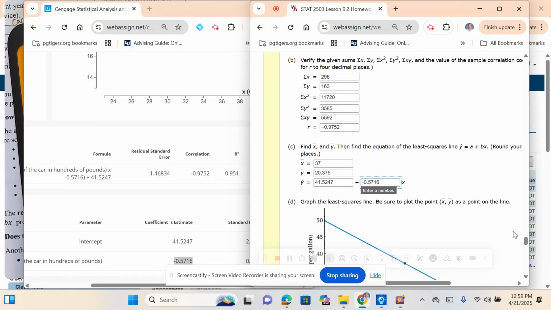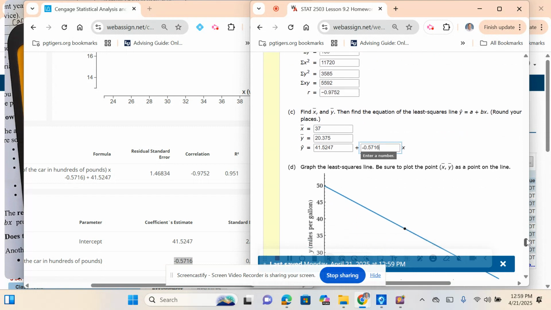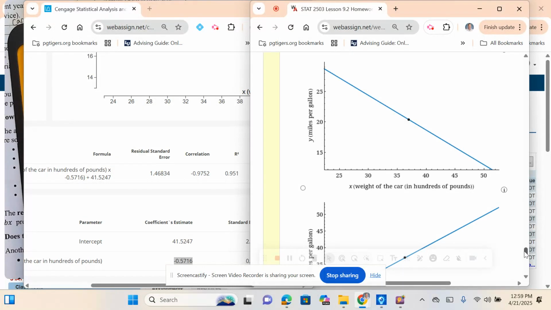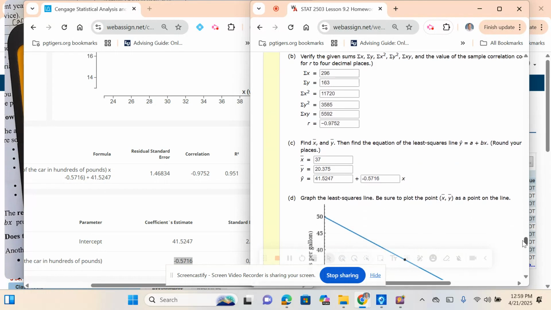This time I'm looking for a negative correlation, and I want 37, 20.375 to be on there. So it's not going to be that one because that's the backwards one. I want this one right here because that's 37 and 20.375, I believe. Yes.